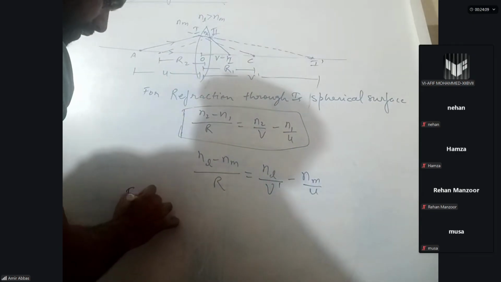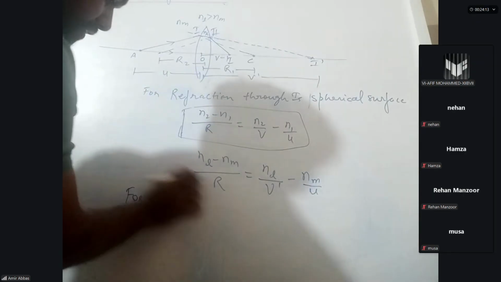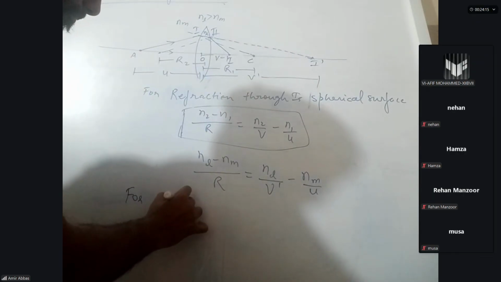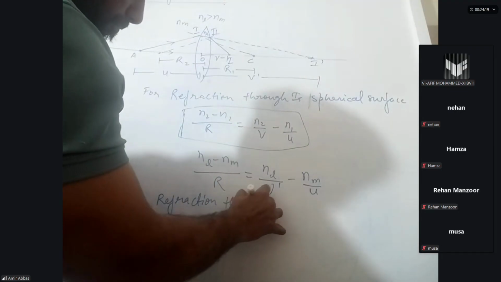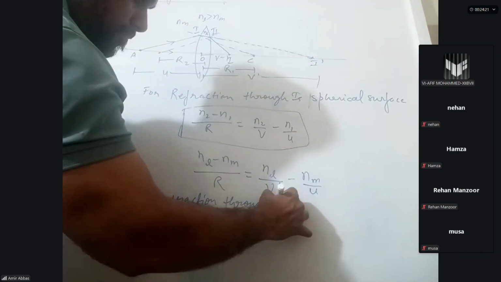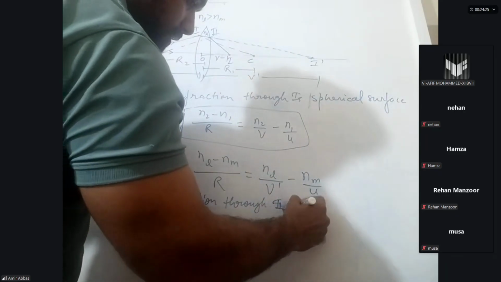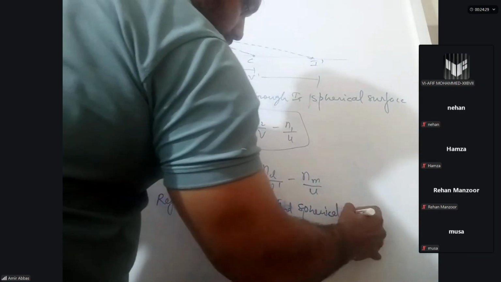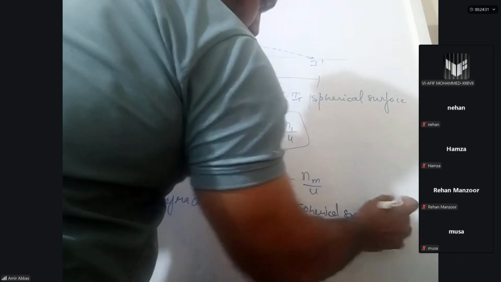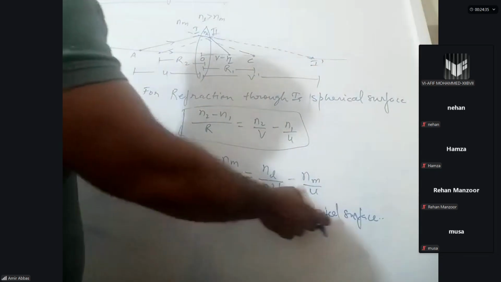Now for the second spherical surface, refraction through the second spherical surface, what can we write?